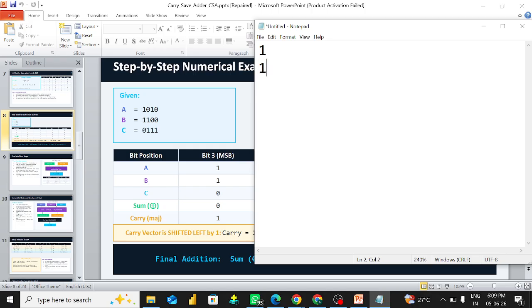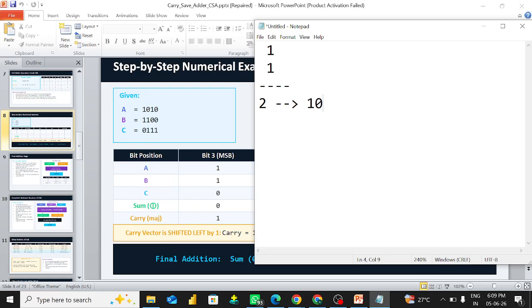What will happen if you add these two numbers? You will get the answer as 2, right? So how are you going to write that 2? 1 0, right? In the binary form.